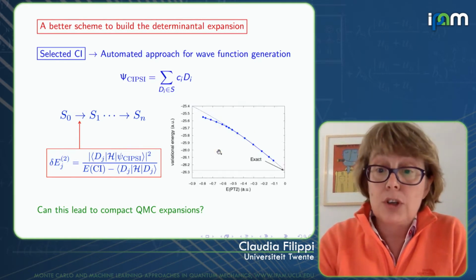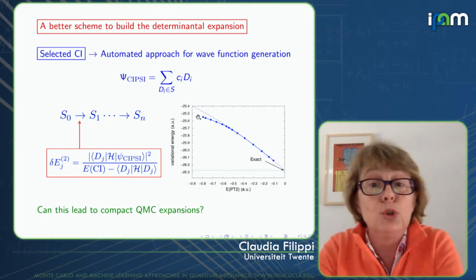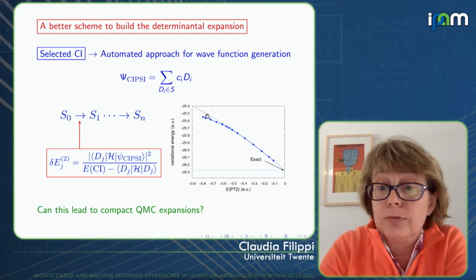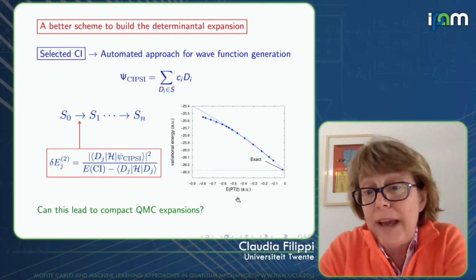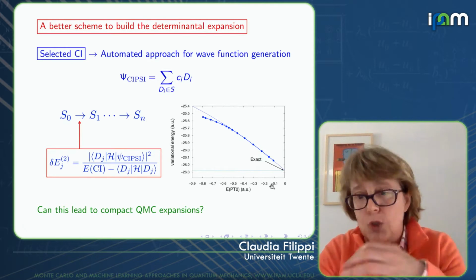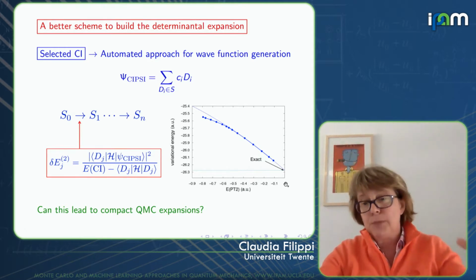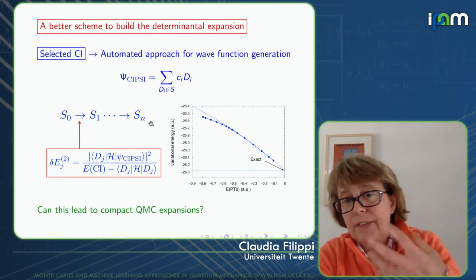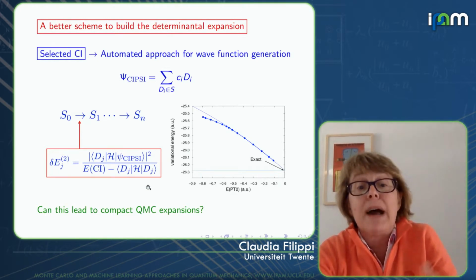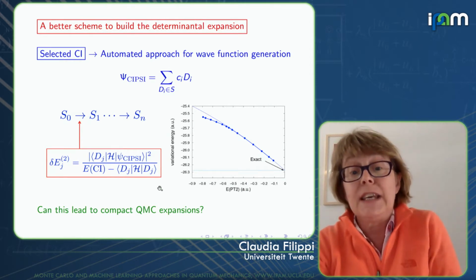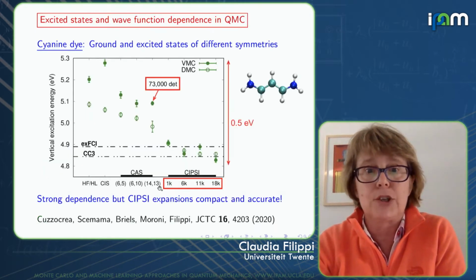What people in this field would do is compute the variational energy, the CI energy, and extrapolate with respect to the total PT2 correction, which becomes smaller and smaller as the expansion becomes larger. And the question is, if I choose these in an automatic manner, will this be better than what I was trying to do before?